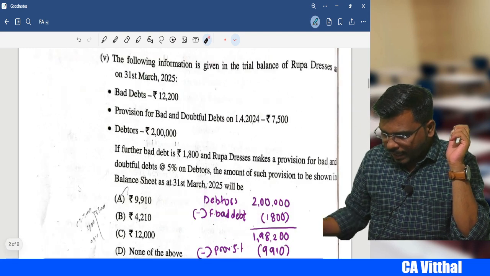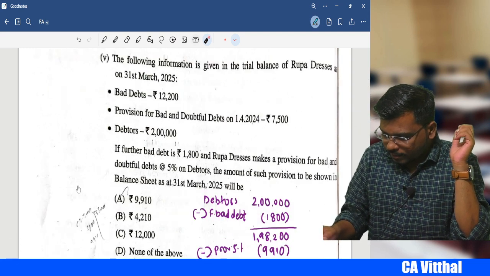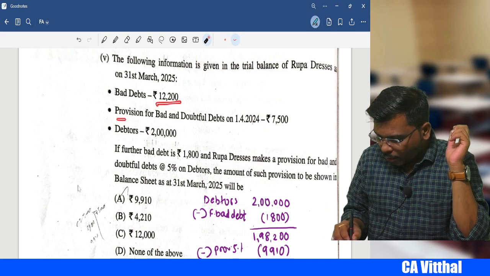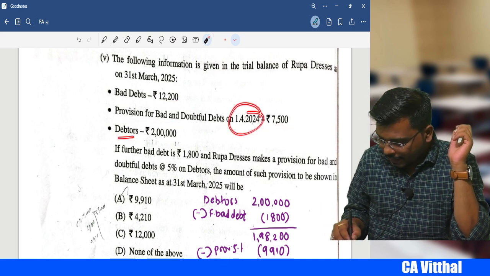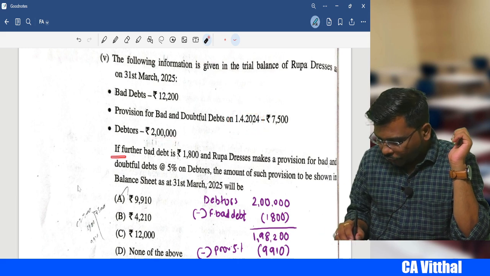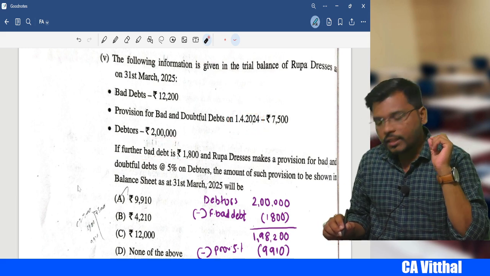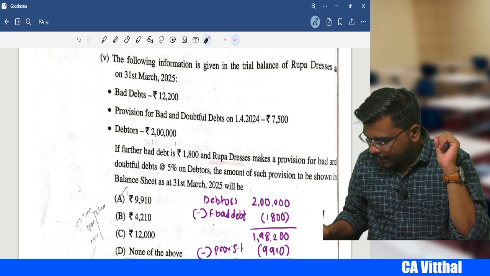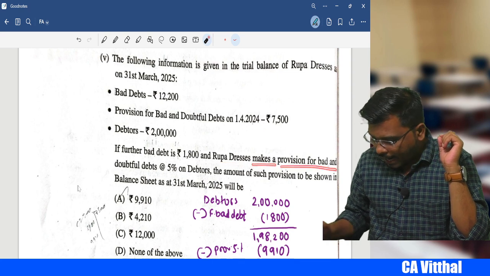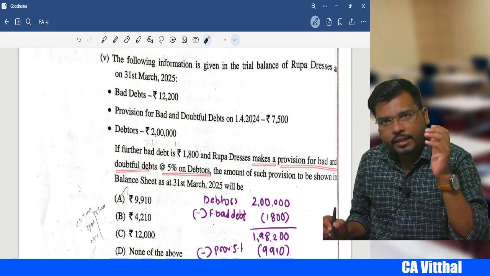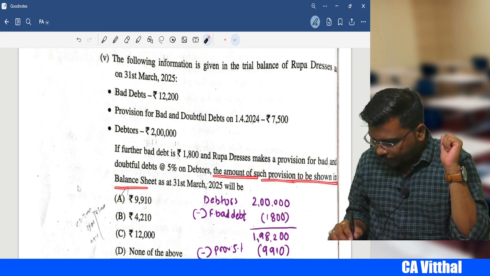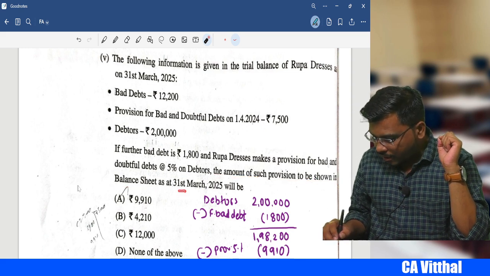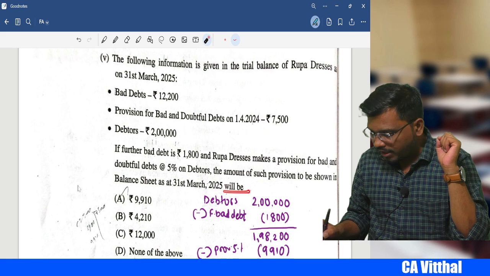How much is the bad debt? 12,200. Provision for bad and doubtful debt 7,500, which is the opening balance. Debtors 2 lakhs. Further bad debt is 1,800. Rupa Dresses makes a provision for bad and doubtful debt at 5% on debtors. The amount of such provision to be shown in the balance sheet as at 31st March 25 will be how much?